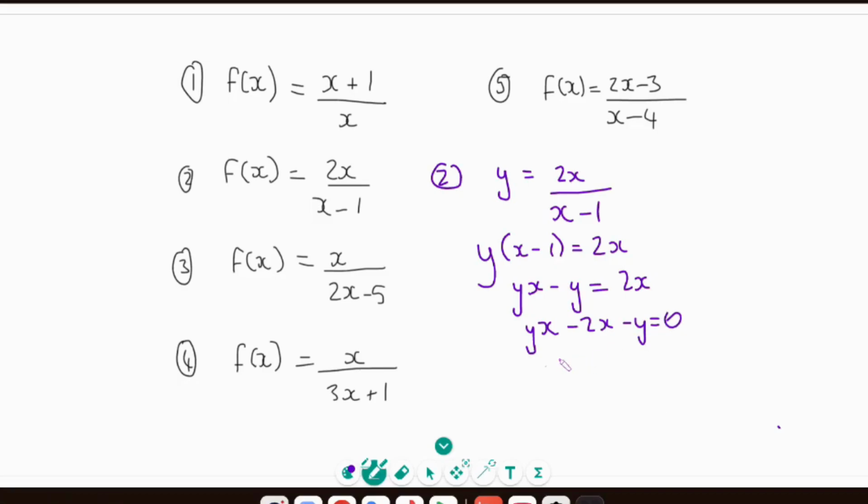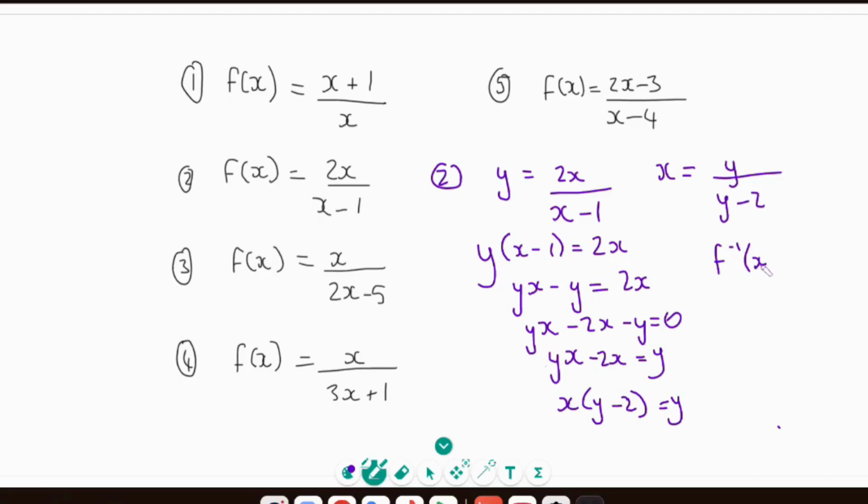And I'm going to add the y to both sides. Factorise. Divide both sides by y minus 2. Write in function notation.